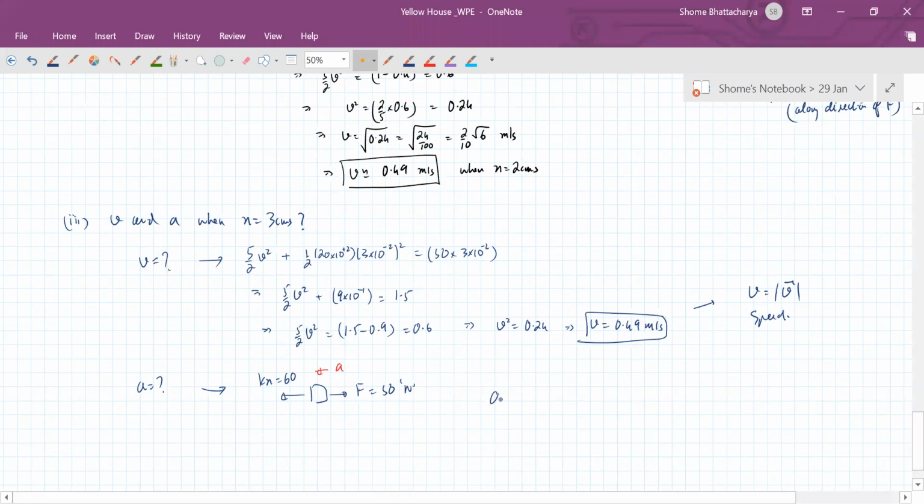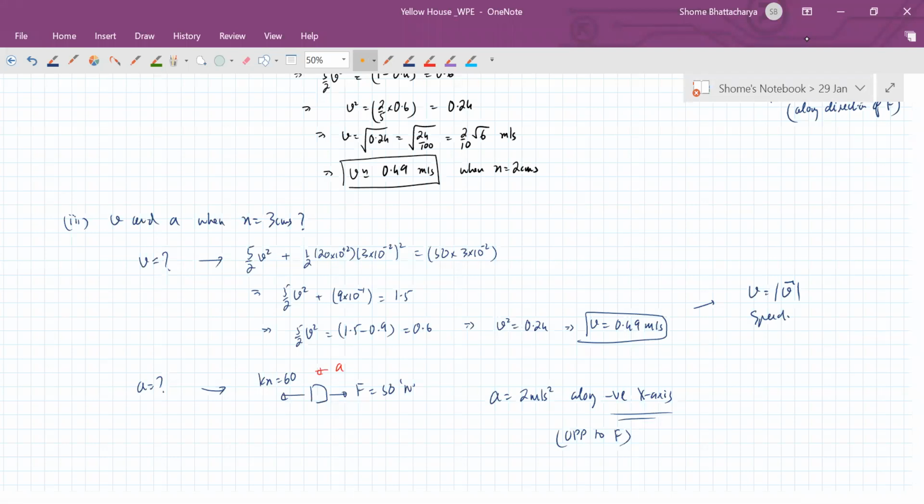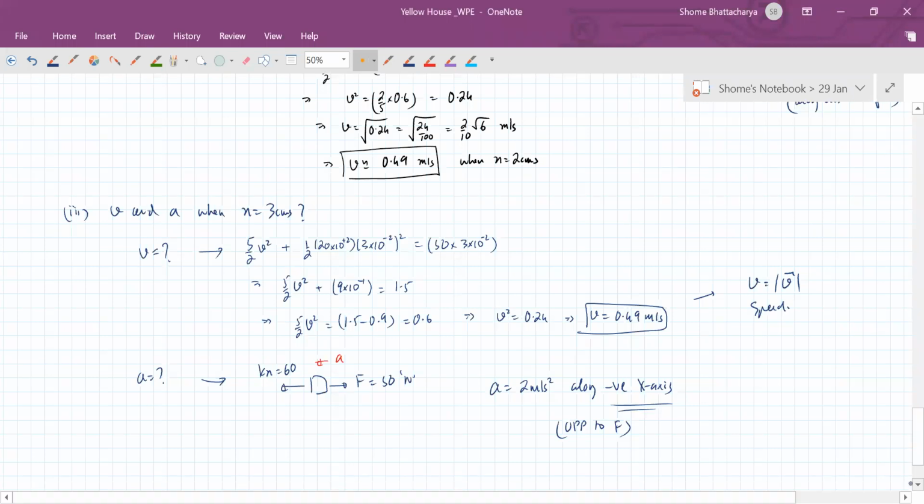So it will have an acceleration of 2 meters per second square, but along negative x-axis or opposite to F. Yes, -2 like that. Okay. So we will understand this again when we are analyzing the last two parts, why this is happening like this. So find the maximum extension of the spring, and last part, find the maximum speed of the block.